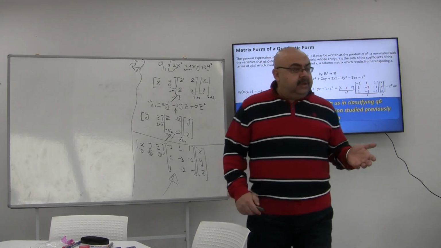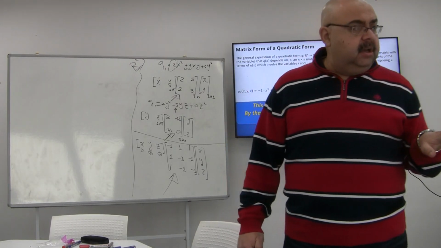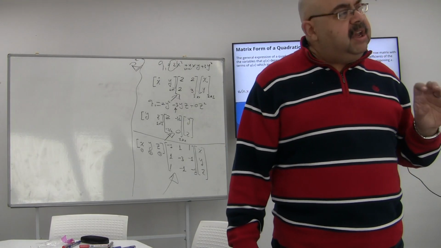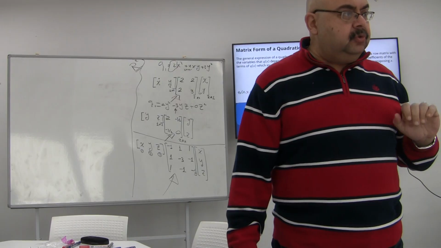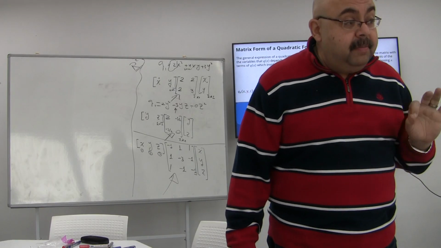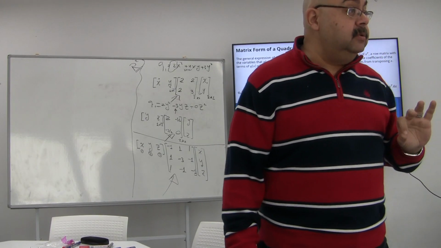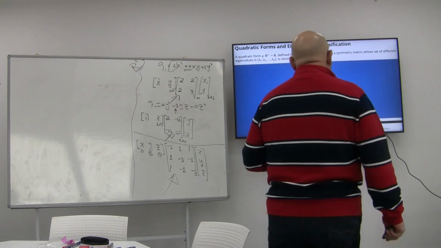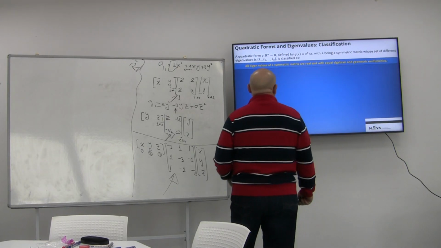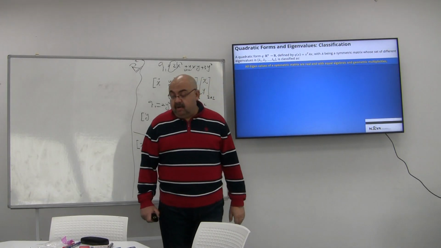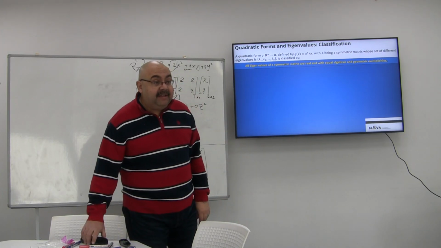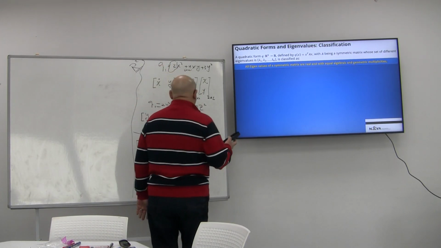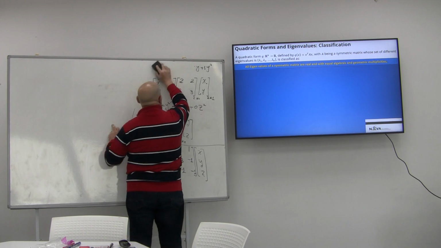How is it going to help me out? The simplest manner is to get the eigenvalues relative to this symmetric matrix. Do you remember how to get eigenvalues? Okay, now I will talk with you about the eigenvalues of a matrix and how to evaluate them. Hopefully you will be able to remember all of this.